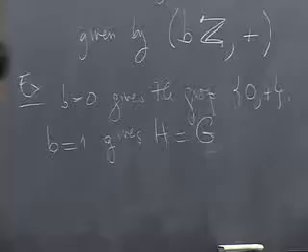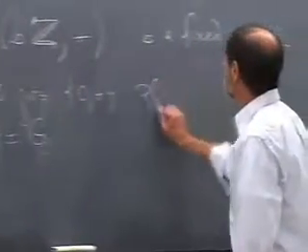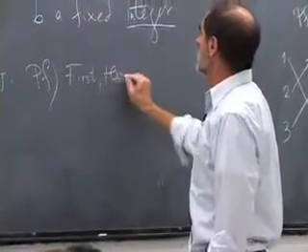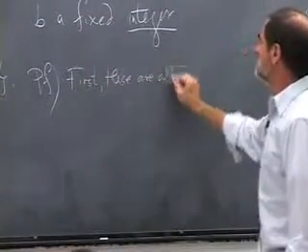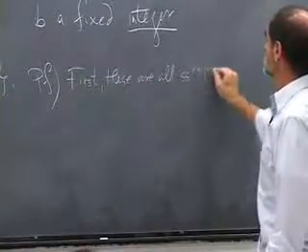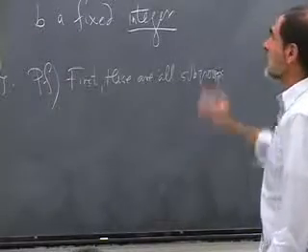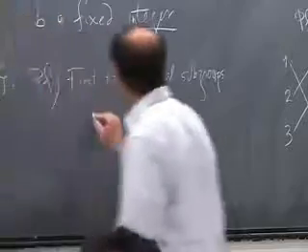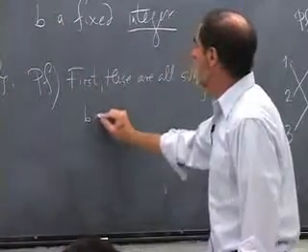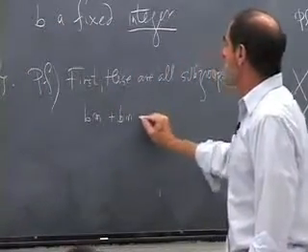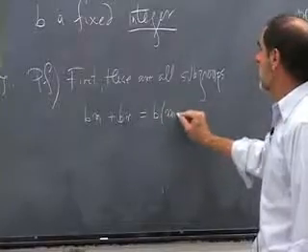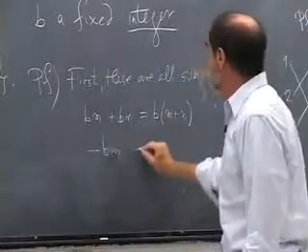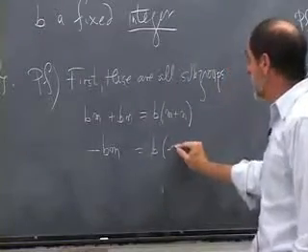Okay, proof. First, these are all subgroups. That's more or less clear. If you add two integers divisible by b, that's just things like this: bm plus bn is equal to b times (m plus n). The negative of bm is b times minus m.